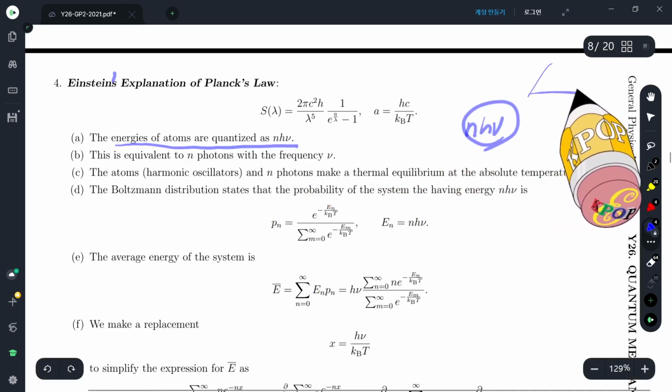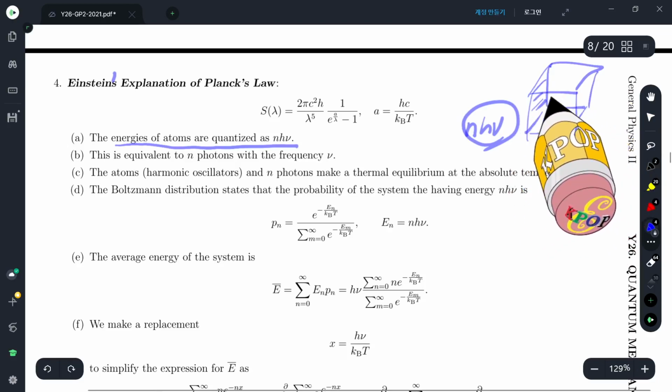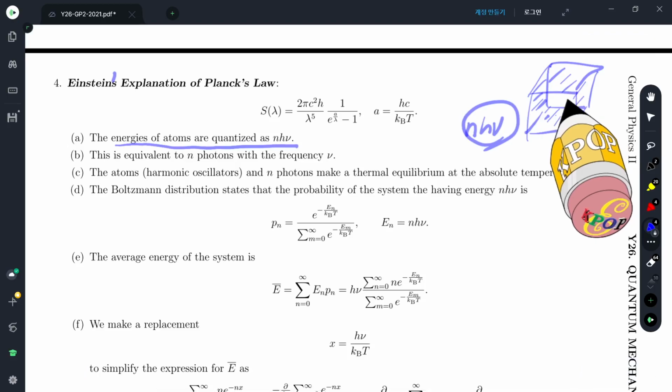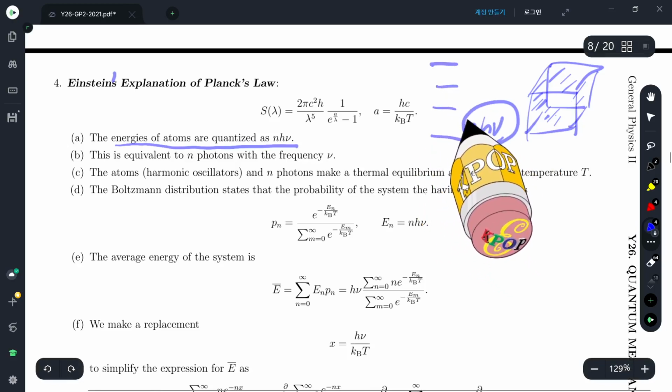The wall of the cavity consists of charged particles, and charged particles emit photons, and their state is a kind of harmonic oscillator. Simple assumption. In that case, if we learn quantum mechanics, the energy level of the harmonic oscillator is a multiple of some fundamental frequency. So h nu multiplied by n, and the atoms have energy levels with differences of h nu.